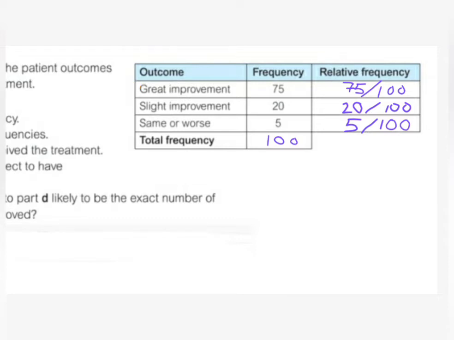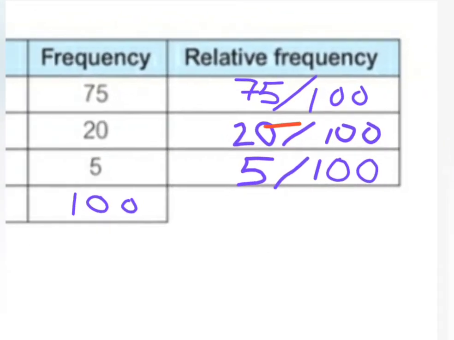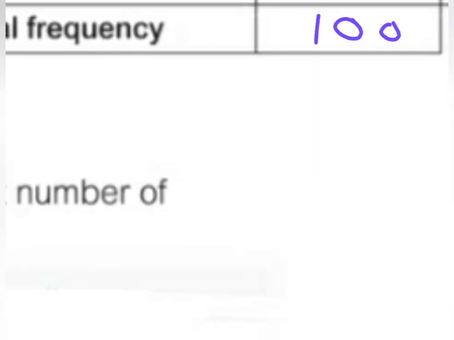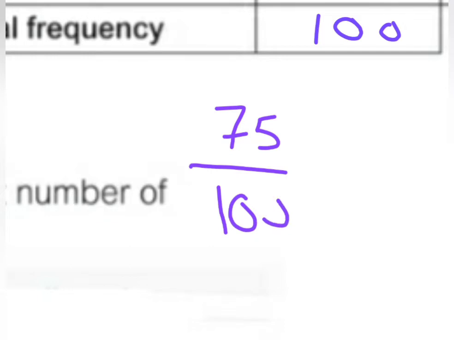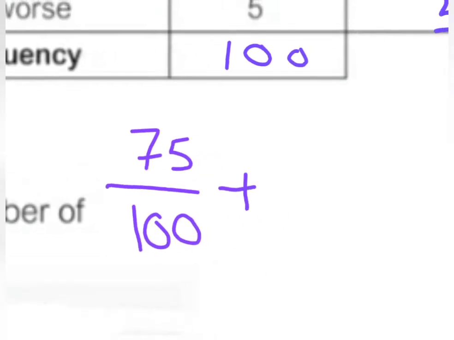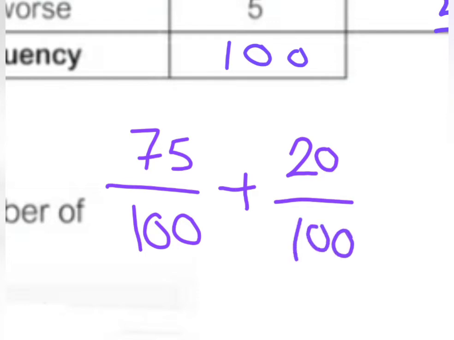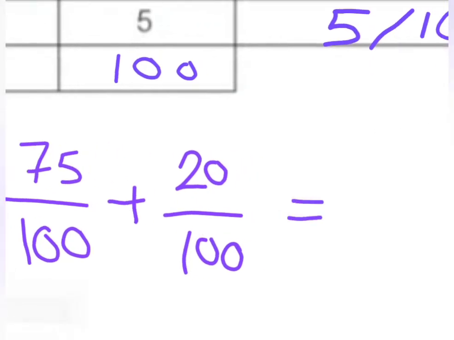Now the probability or the relative frequency of great improvement is this one. And then the relative frequency of slight improvement is this one. We're gonna take them and add them together like this. We will say 75 over 100 plus 20 over 100 equals 95 over 100.